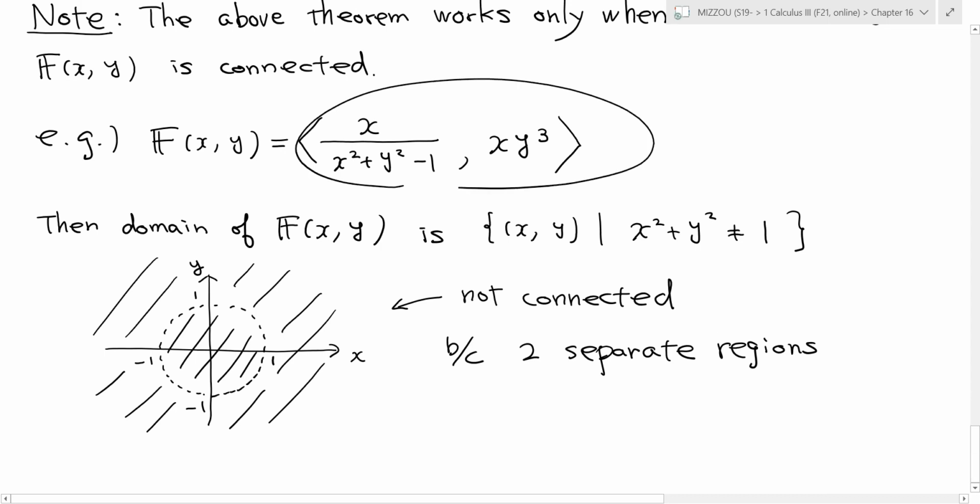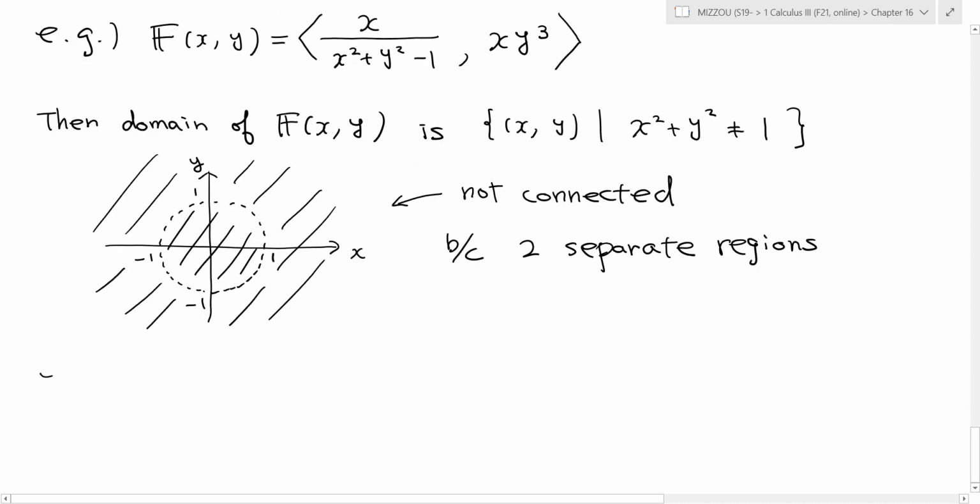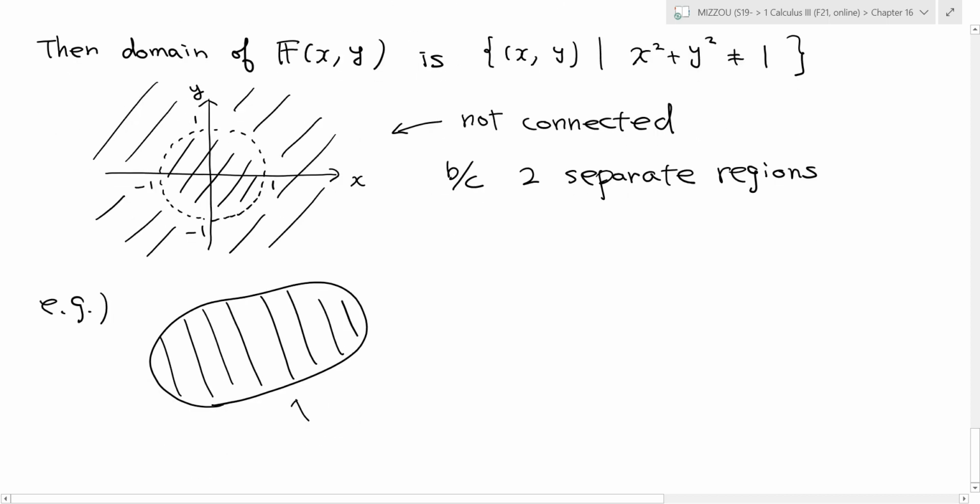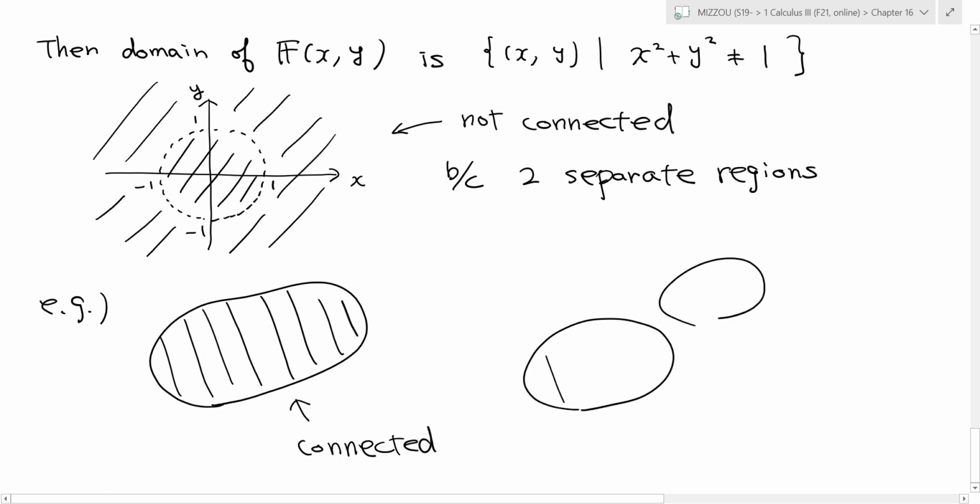More generally, if you have just a region like this, it's like one island. This region is called connected. But if you combine two islands like this, such a region is called not connected.